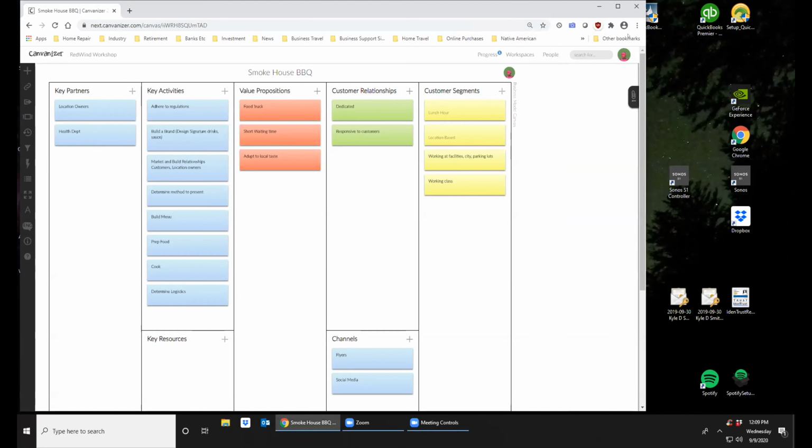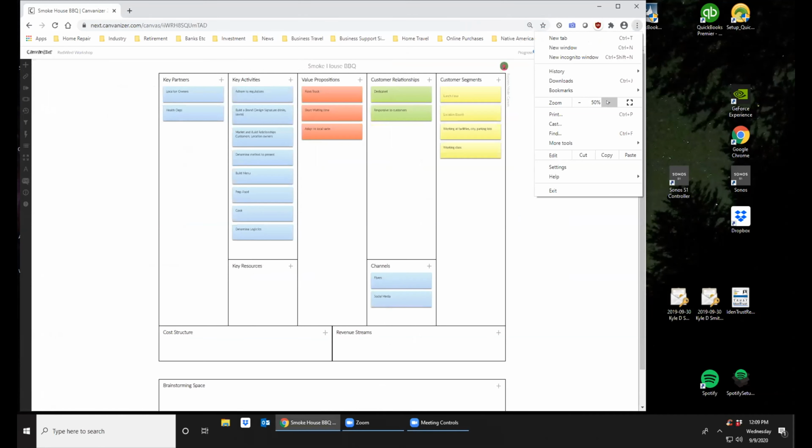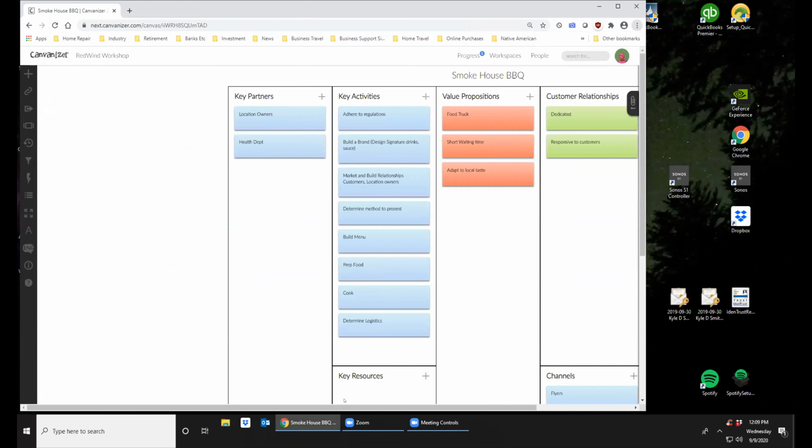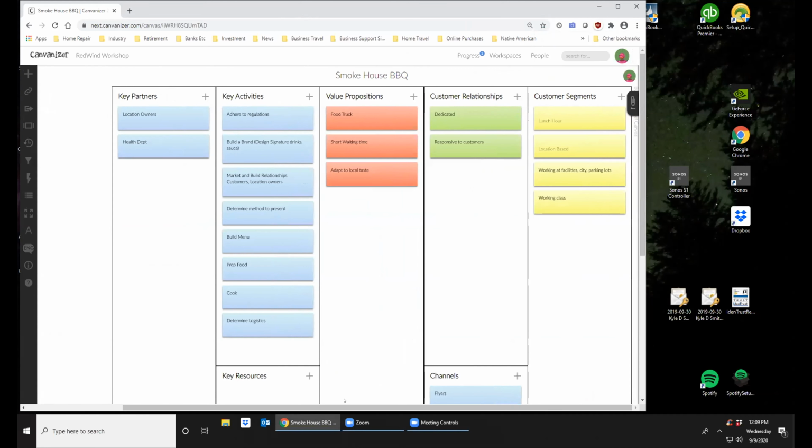I wasn't prepared for this, but we decided to go with a mobile smokehouse for barbecue. Our key partners that we decided to go with are the health department for the health regulations, as well as the locations that we were going to be set up at.